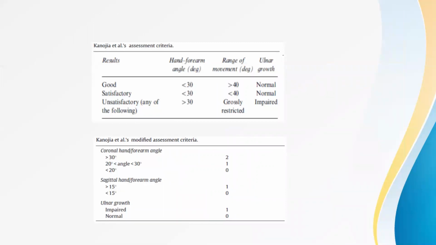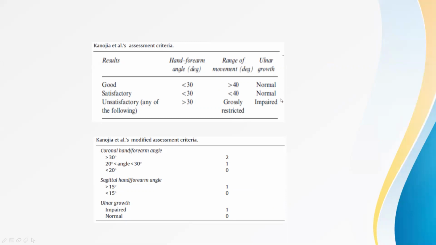Kanauchi proposed a classification system and assessment criteria in 1985 to evaluate the severity of disease and to follow up the patients. He included originally the hand-forearm angle on the AP view, the range of movement of the elbow on the lateral view, on the examination of the elbow, and the ulnar growth.